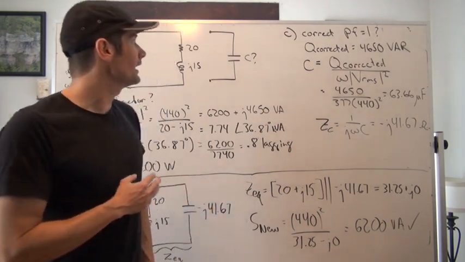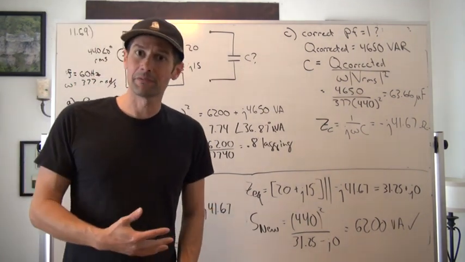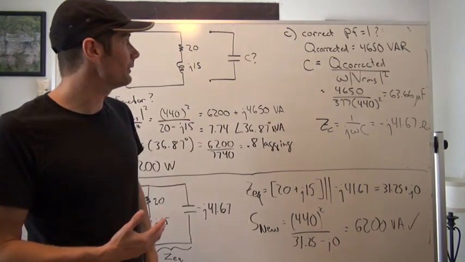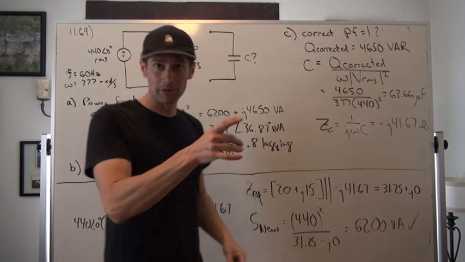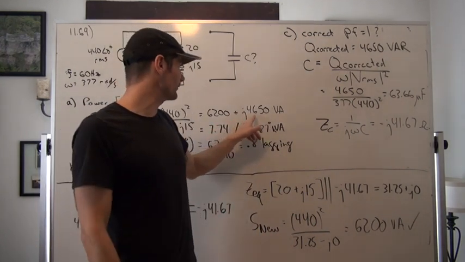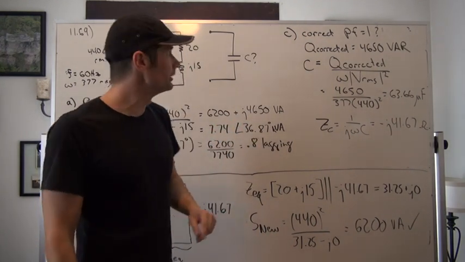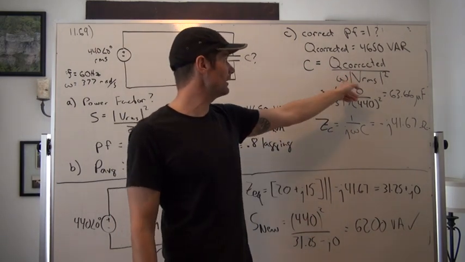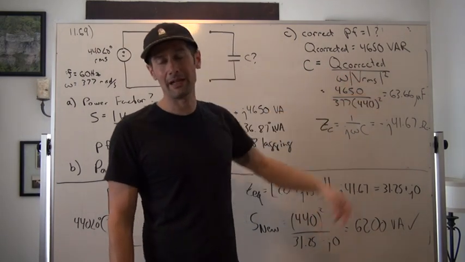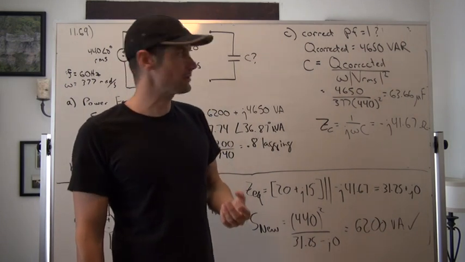So, how do we actually calculate the value of capacitance that we want to work with? Well, as before, we said Q corrected, and what we're going to correct by is 4650 var. So we're going to correct by that entire amount and divide that by omega and then also the magnitude of Vrms squared.